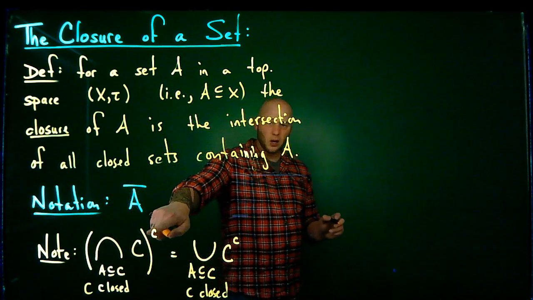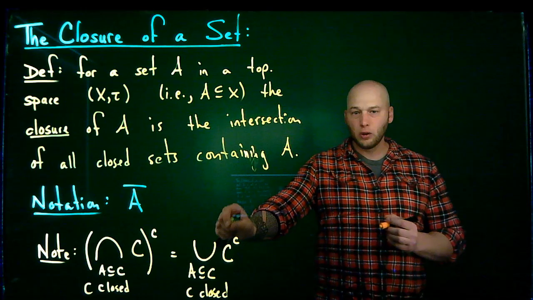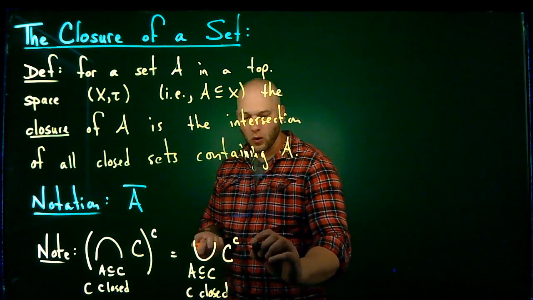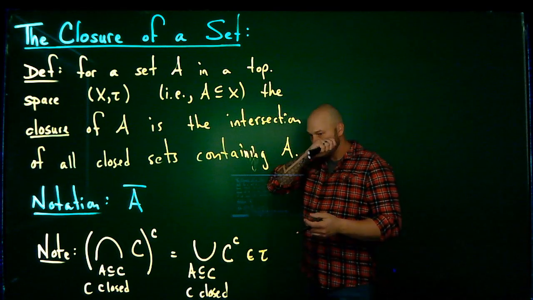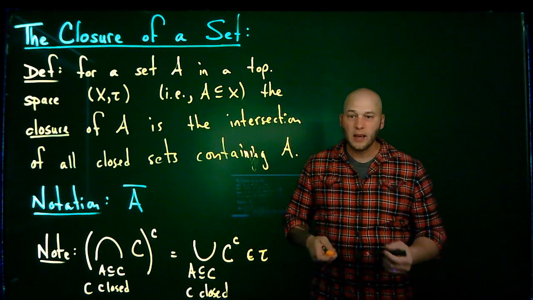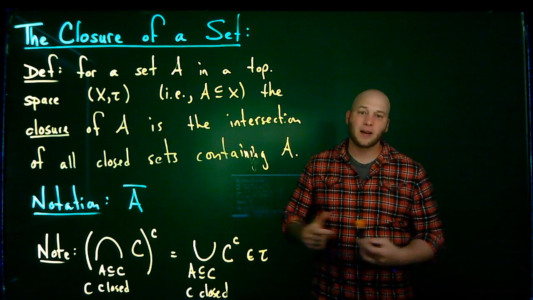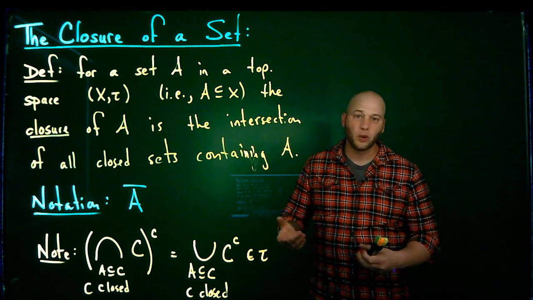If C is closed, then C complement is open, and this is an arbitrary union of open sets, which, of course, is an element of the topology. In other words, it's open. Therefore, the original intersection must be a closed set, and therefore the closure is, in fact, a closed set, which is what we would hope that it would be.